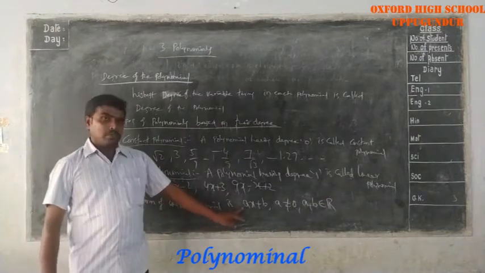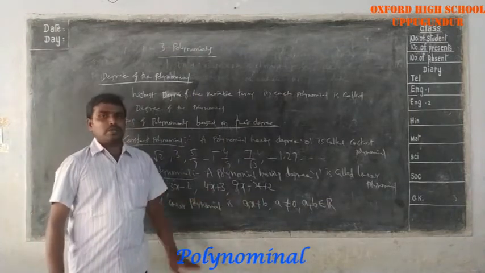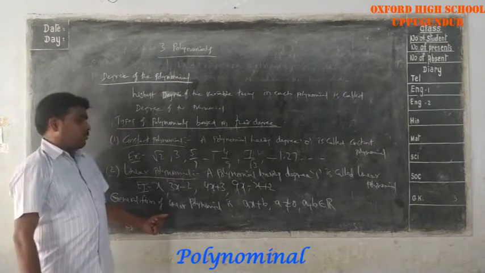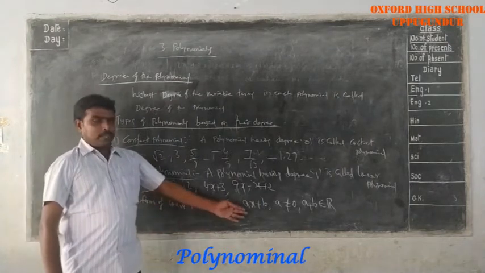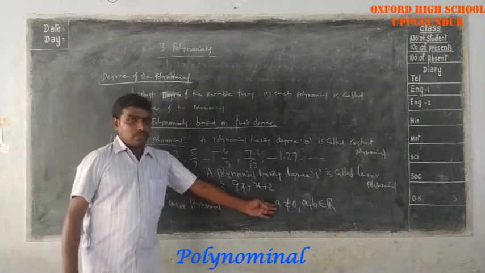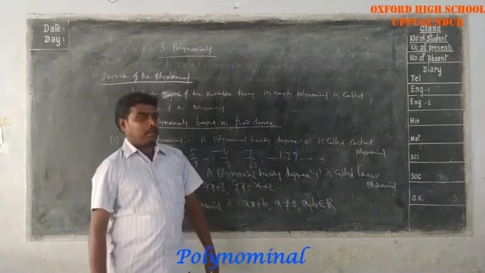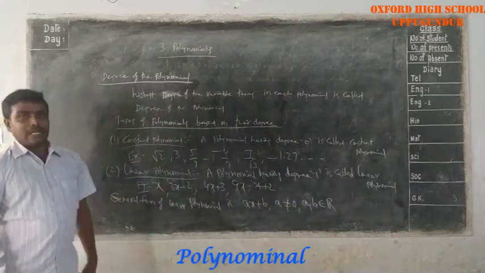Why a not equal to 0? Because if a equal to 0, it becomes a constant polynomial. So general form of linear polynomial is ax plus b, where a not equal to 0, and a and b are any real numbers. So this is about linear polynomial.